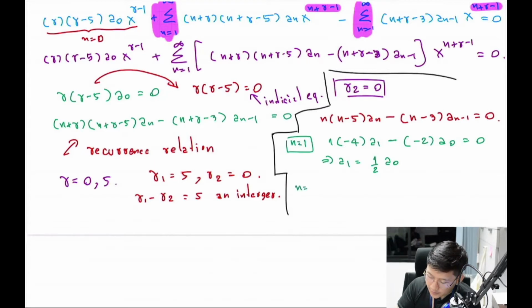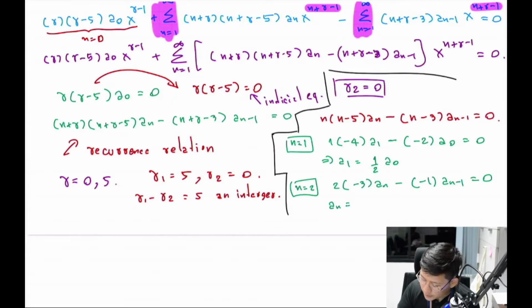And then if n equals 2, we would have 2 times minus 3 a2 minus minus 1 a1 equals 0. Okay, so we have a2 would be 1/6 a1.